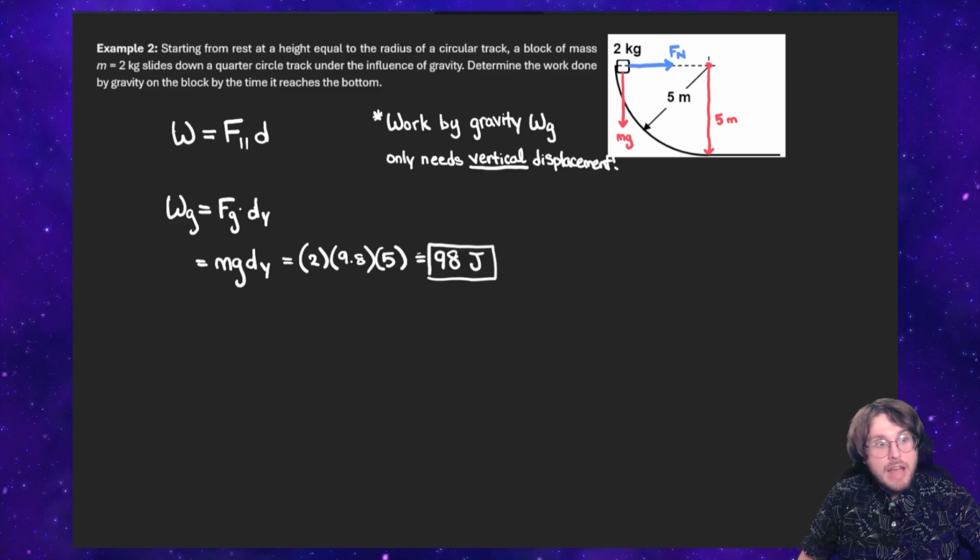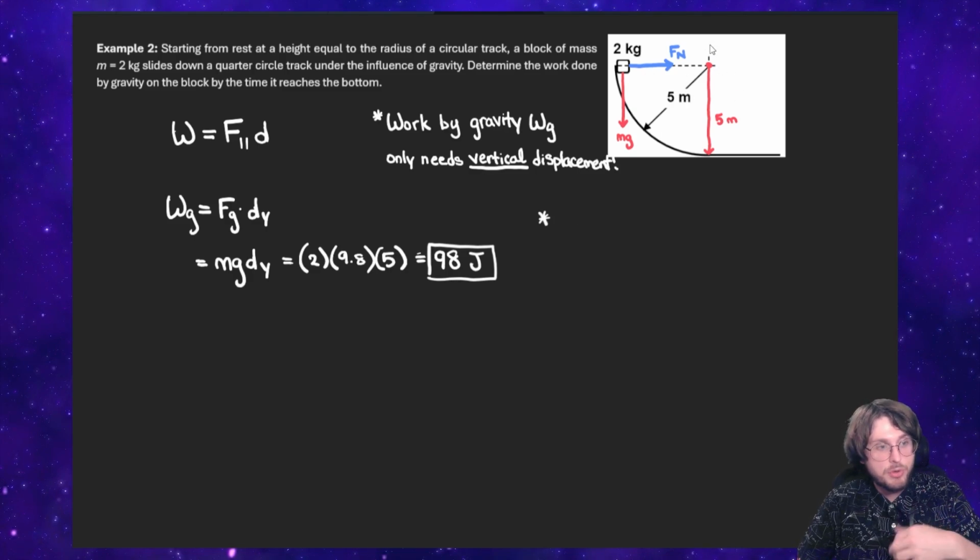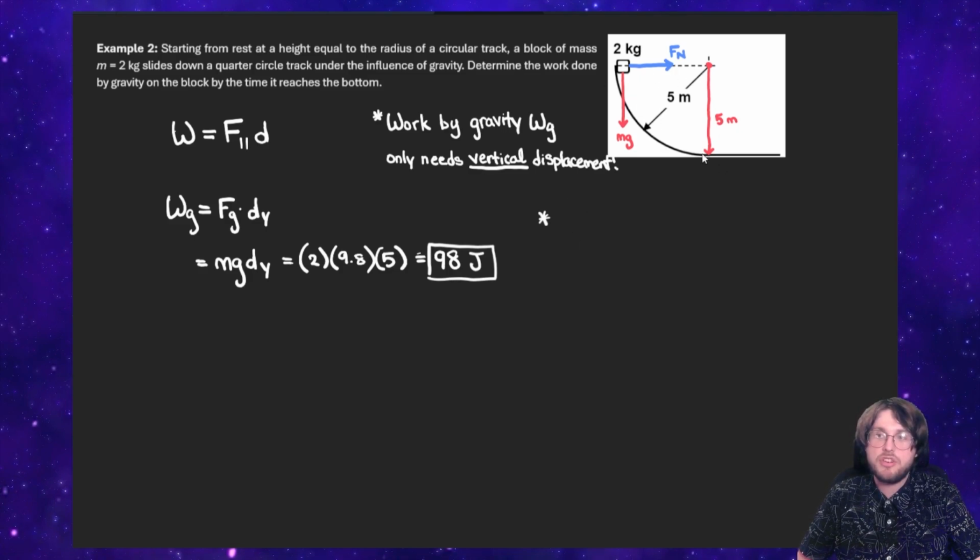Now, another thing to note, a big conceptual piece of this problem is what the normal force is doing through all this time. And this is a concept that I want you to write down and always consider, which is that here, the normal force is acting as the centripetal force. It's the thing that's pushing the object constantly towards the center of this circular path that it's moving through.